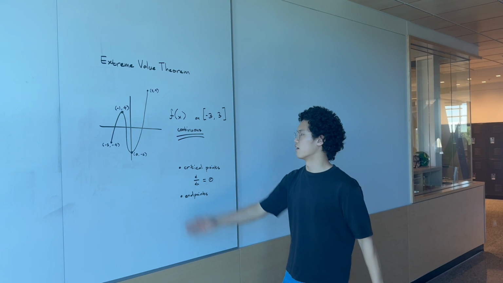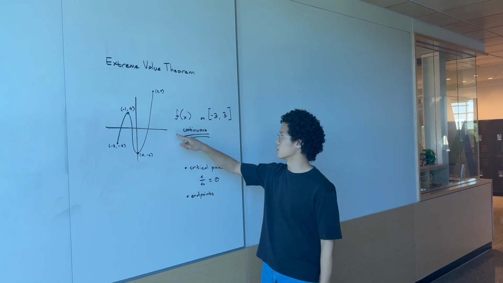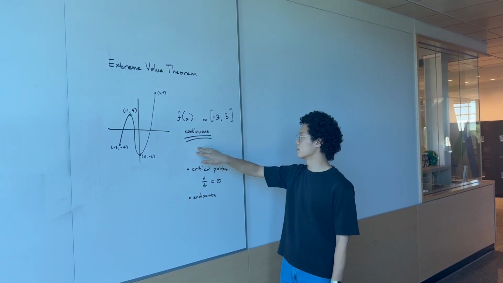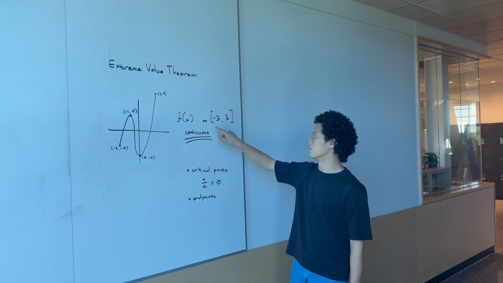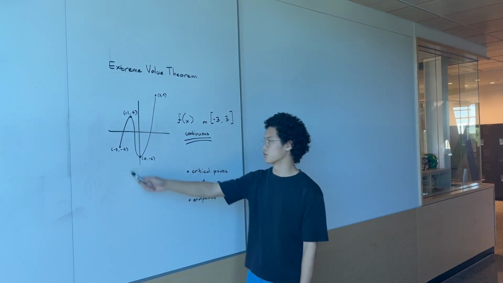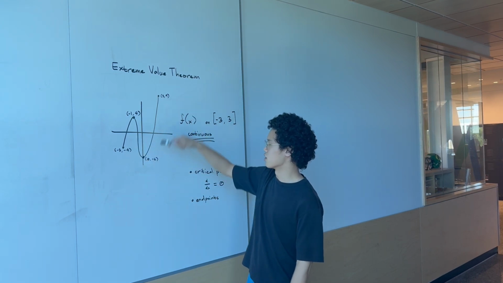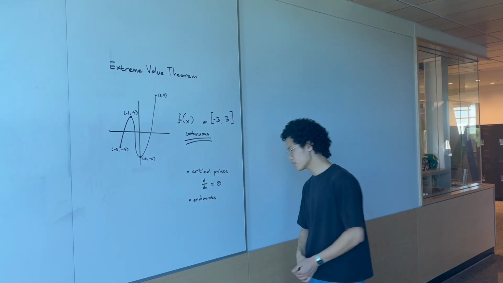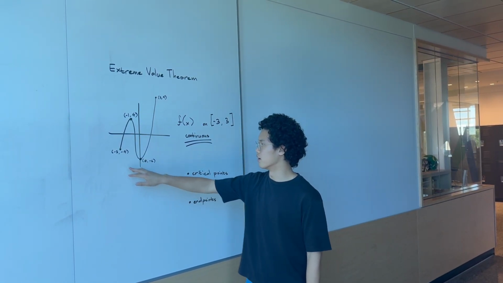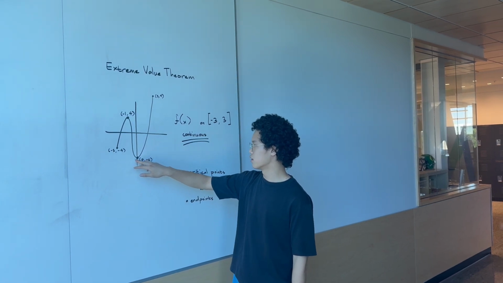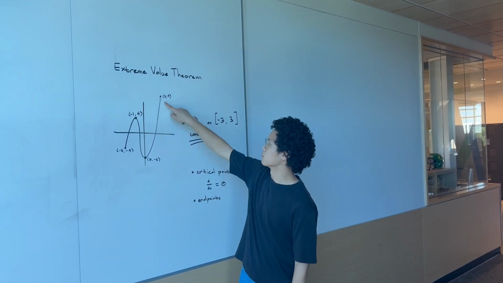I have an example right here. This function f of x is continuous on the closed interval from negative 3 to 3. As you can see, from negative 3 all the way up to 3, it is continuous. You can draw it without lifting the pen. And as you can see, the absolute minimum value right here, absolute maximum.